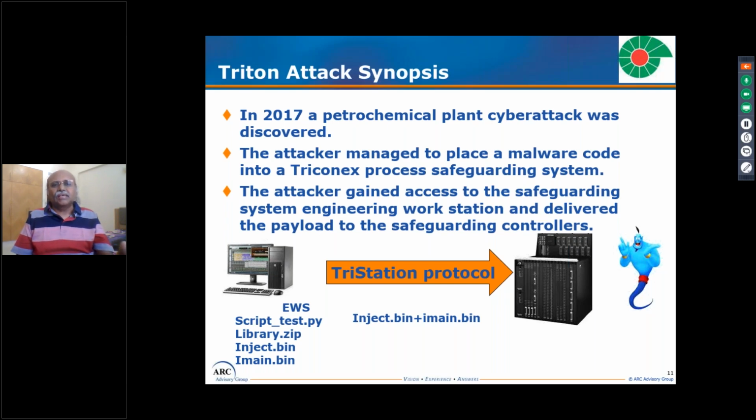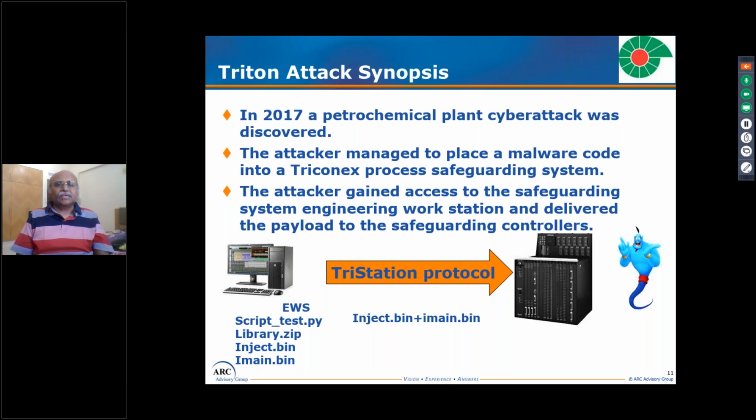And the protocol that is used between the engineering workstation and the Triconex controller is called TriStation protocol, and that is a proprietary protocol. So he should be aware of the protocol in order to send his malware to the TriStation.